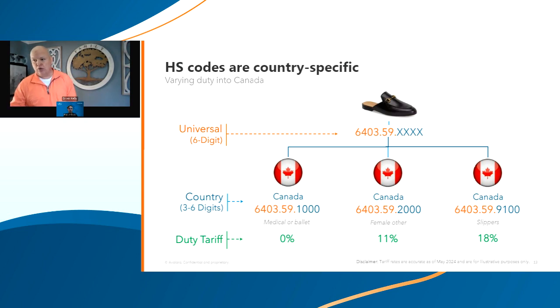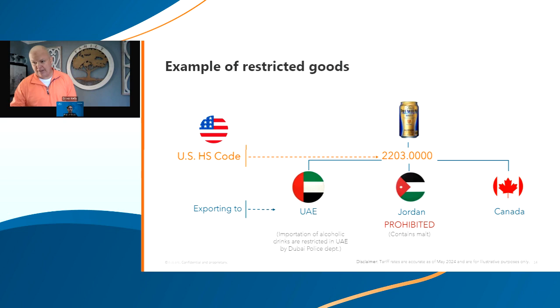And I'll tell you another reason why they matter. When you look at these codes, there are certain products, and this is a good one, where you cannot and you should not be shipping product similar to what you see on the screen into the UAE or into Jordan, but you are allowed to move this product into Canada.